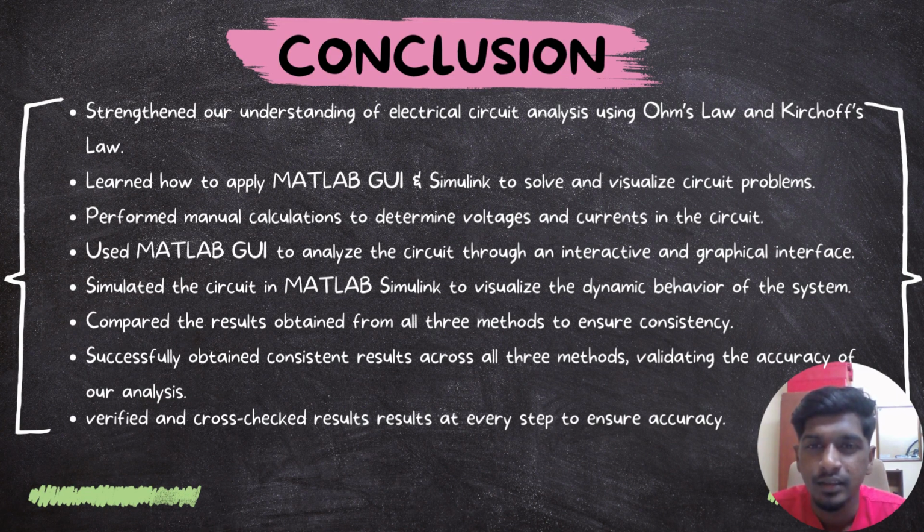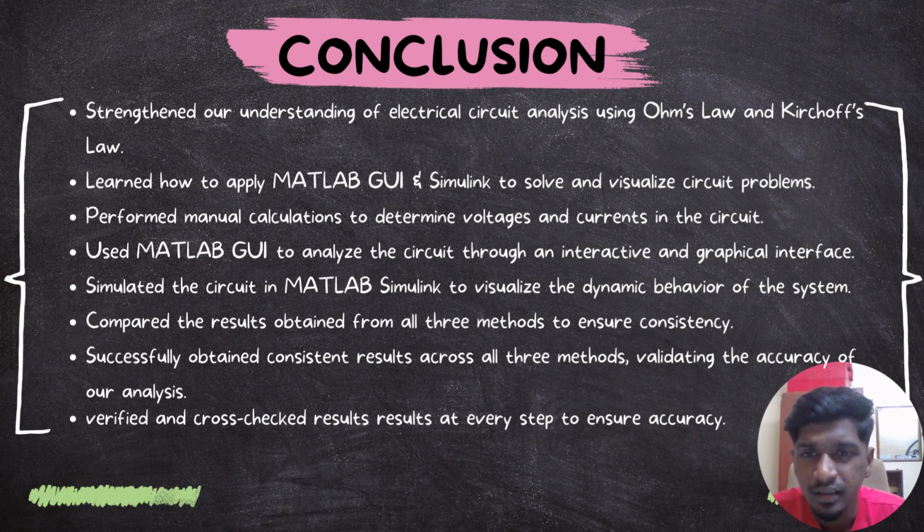Conclusion: strengthen our understanding of electrical circuit analysis using Ohm's law and Kirchhoff's law. Learn how to apply MATLAB GUI and Simulink to solve and visualize circuit problems. Perform manual calculation to determine voltage and current in the circuit. Use MATLAB GUI to analyze the circuit through an interactive and graphical interface.